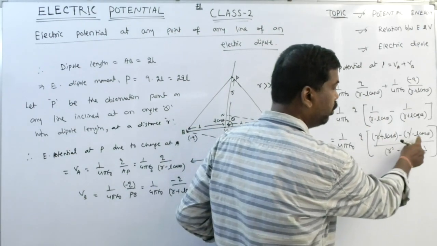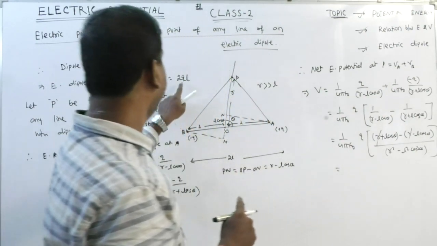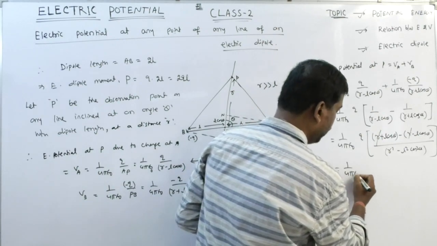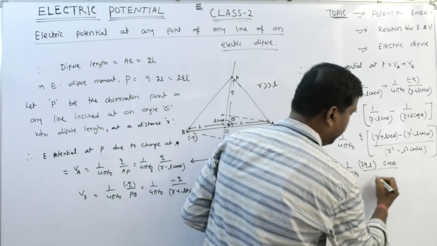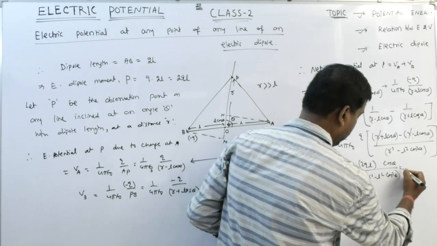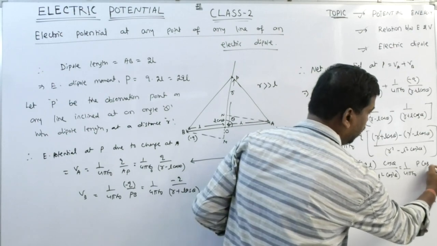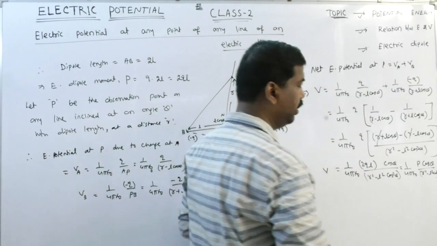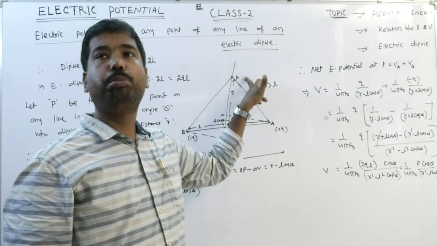So this is q and 2L cos theta. Instead of q into 2L, we can write it as a dipole moment. So V is found to be 1 by 4 pi epsilon 0 2qL cos theta by r square minus L square cos square theta, or 1 by 4 pi epsilon 0 p cos theta by r square minus L square cos square theta. This is the expression for the electric potential at any point P.